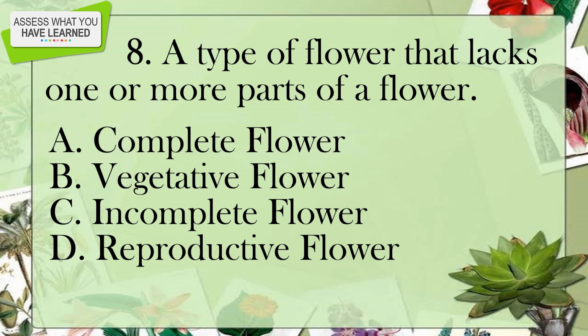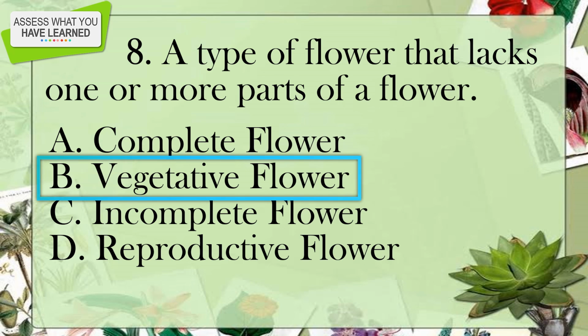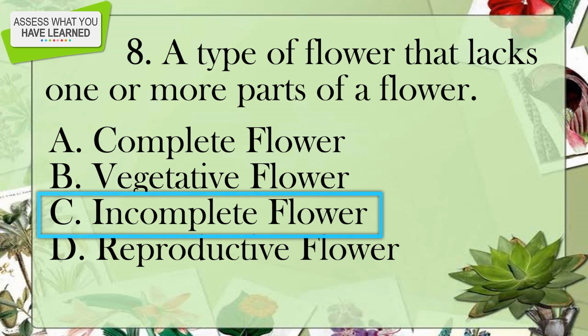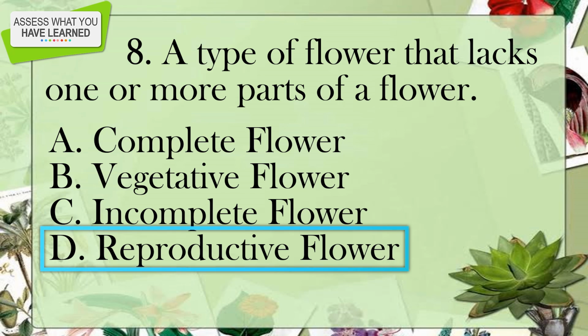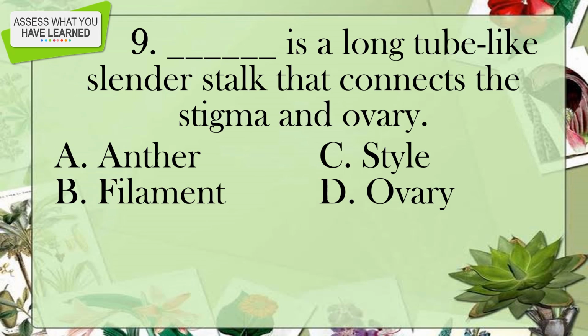Number 8. A type of flower that lacks one or more parts of a flower. A. Complete flower. B. Vegetative flower. C. Incomplete flower. Or D. Reproductive flower. Number 9. Blank is a long tube-like slender stalk that connects the stigma and ovary.